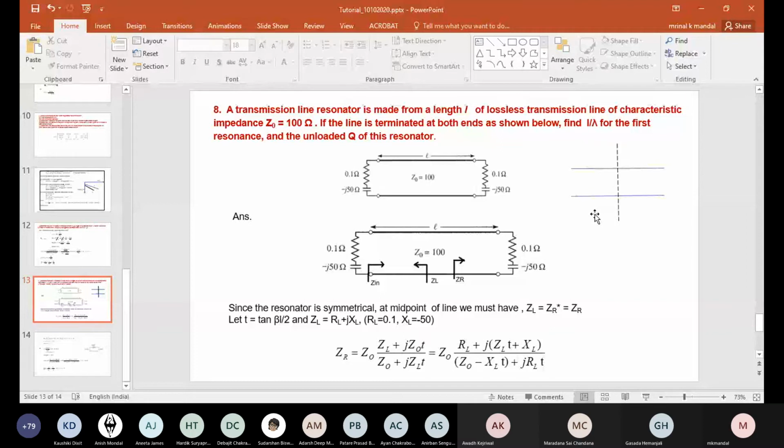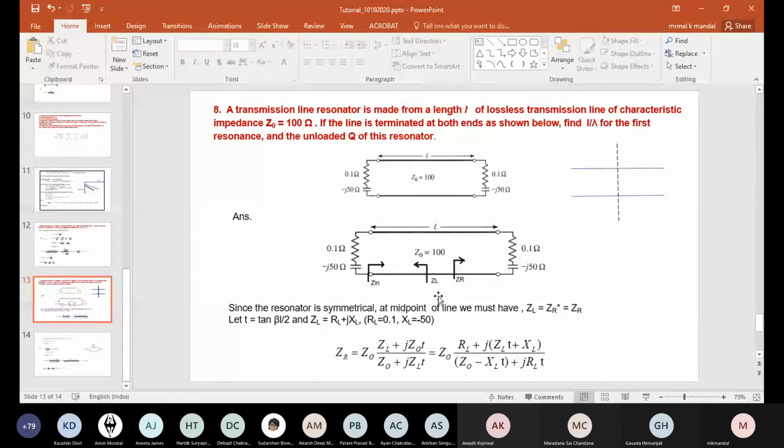Then this is also a condition of resonance, which we did not discuss during transmission line resonator. But you remember, it will be valid if this left side and right side are terminated in the same load, otherwise not. Fortunately, in this example, left side load, right side load is same. Well, so after that, it is straightforward.